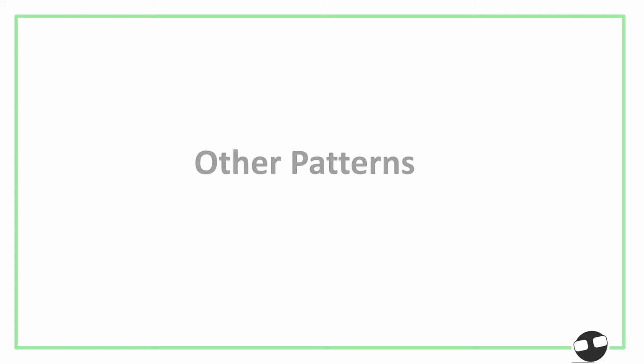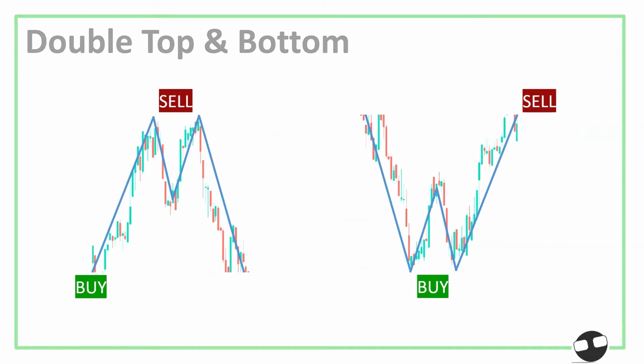So here we have other patterns that may give you strong conviction about your analysis. So here we have double top and double bottom. And if you're going to look at, this would give you different positioning as well. So you have buy opportunity, sell. You have buy again here, and then sell opportunity there.